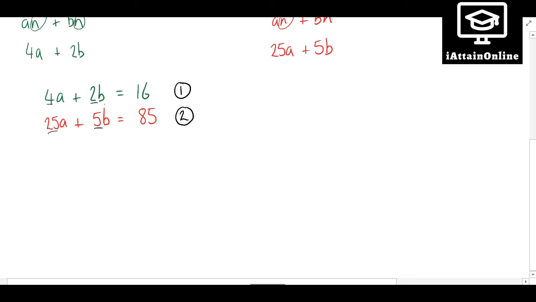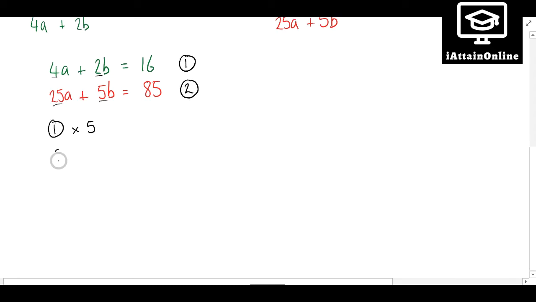So I'm going to make the b's the same. In order to do that, the lowest common multiple I can think of with 2 and 5 is 10, so I want to make the b's 10. In order to do that, I need to multiply equation 1 through by 5. So I end up with 20a plus 10b is equal to 80. Remember to multiply the 16 by 5 as well.